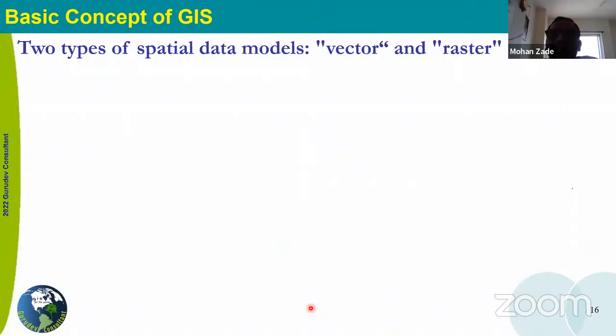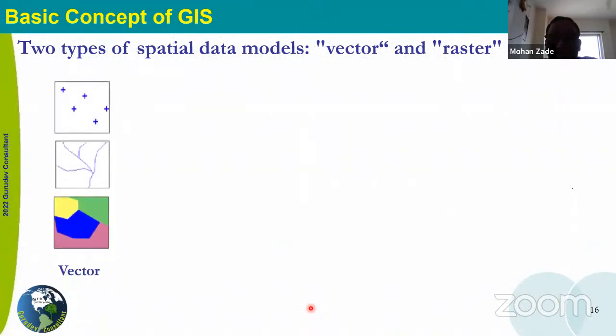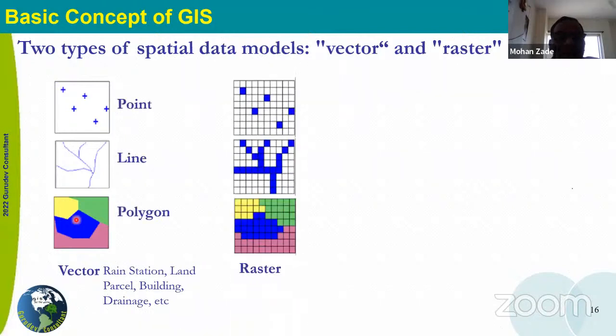Now, when you have two types, let's make another way of describing vector and raster. Here, a point, a line, a drainage, or polygons like a land parcel. The same representation, if you want to make, can look exactly this way.